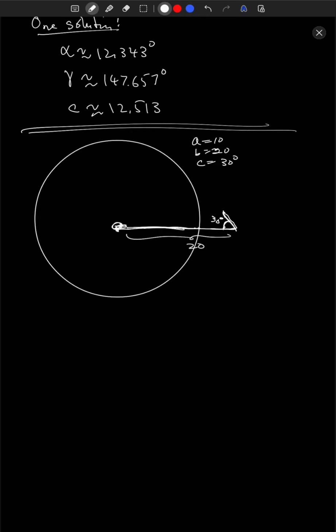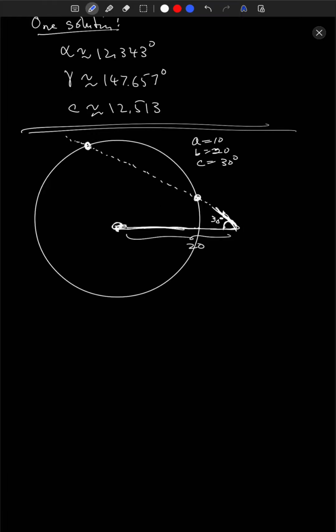Well, if I know this angle is 30 degrees, then this side right here has to be along this dotted line. And this dotted line intersects my circle right there and right there. What does that mean? That means there's actually two triangles that have angle 30 degrees, length 20 down here, and then side 10, because one of them is that one and the other one is that one.